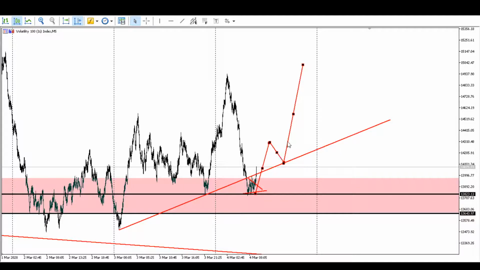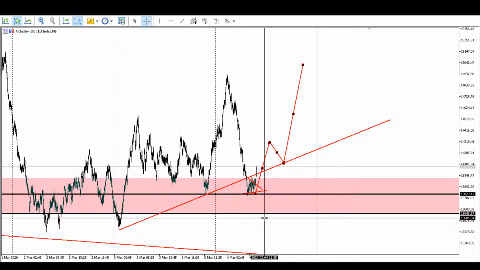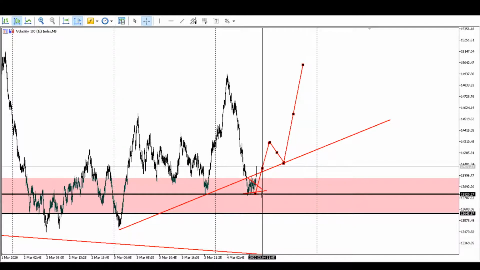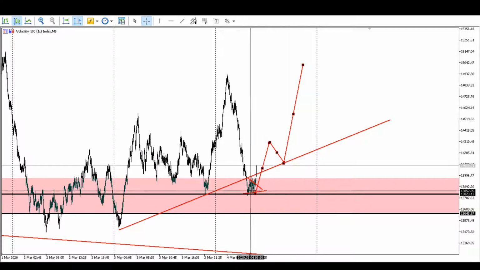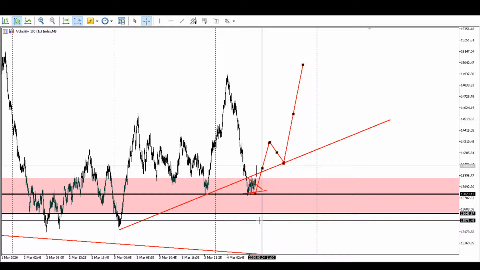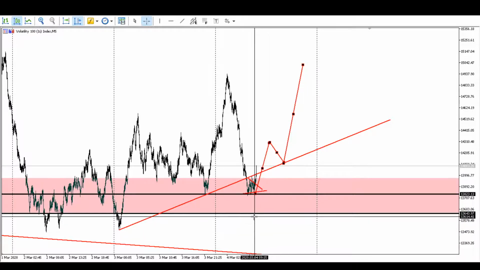And when you buy here, your stop loss should be below this level, below this buffer zone between these two black lines. So you need to calculate your risk.